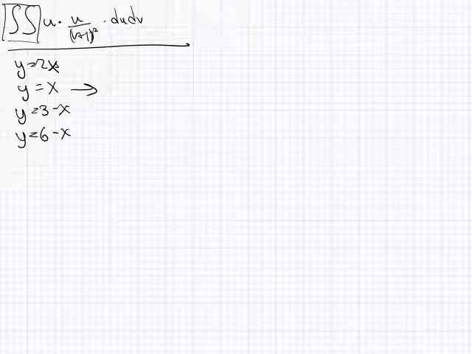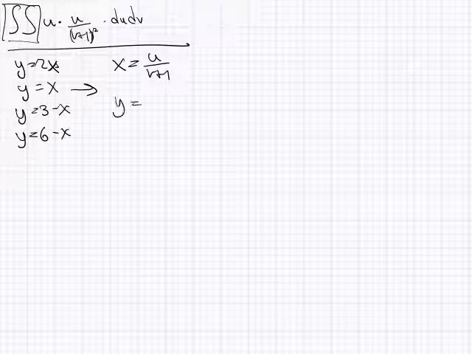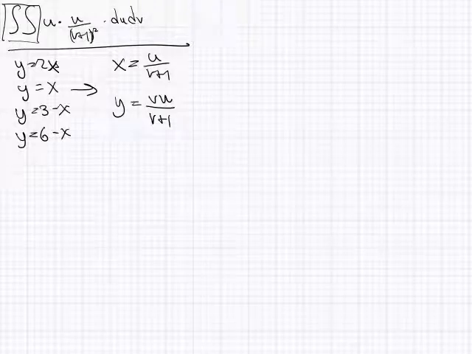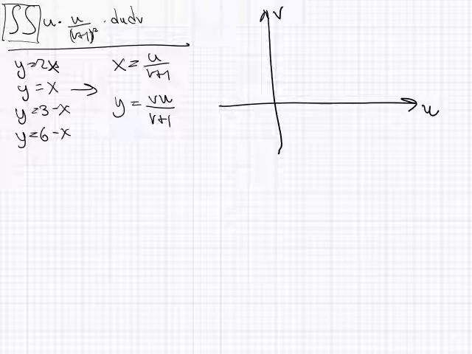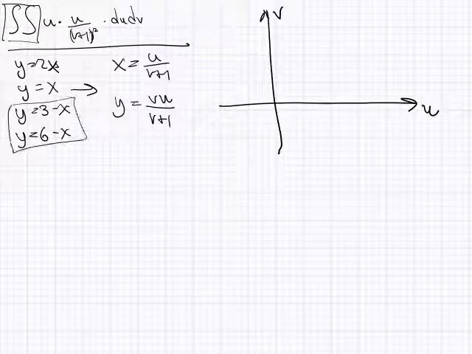And so, remember our substitution was x equals u over (v plus 1) and y equals uv over (v plus 1). All right, so let's start working with this and try and convert this over. Remember, our new system is going to be a uv axis system that we're going to try and draw on. So let's start with these two down here. I think these are going to end up being easier.